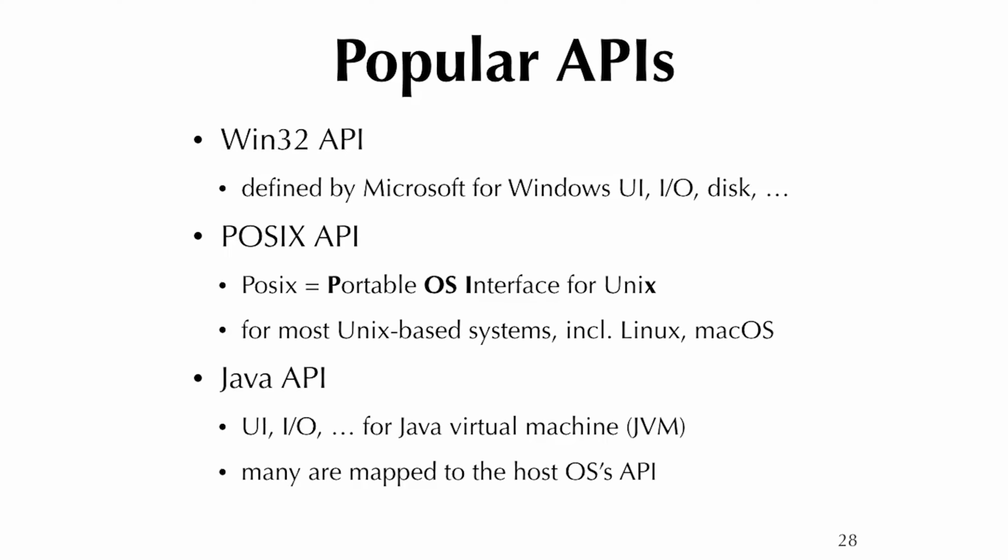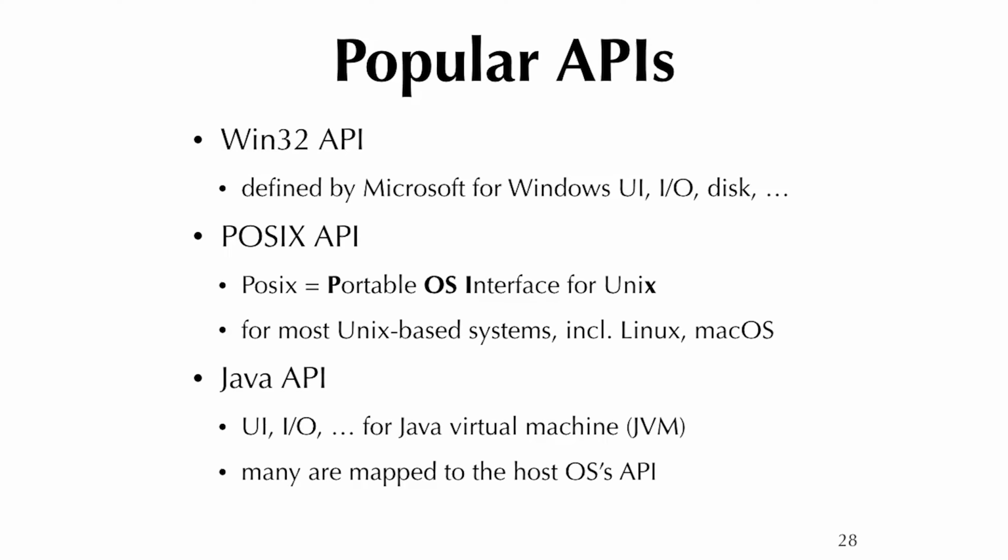So at least in the old days, if you wrote it for one variant of Unix and tried to compile for another variant, that wouldn't work because their API is still a little different. Their system call is different. So that's where POSIX comes in. POSIX is a portable OS interface for Unix. So it is a standard defined on top of these OSs.